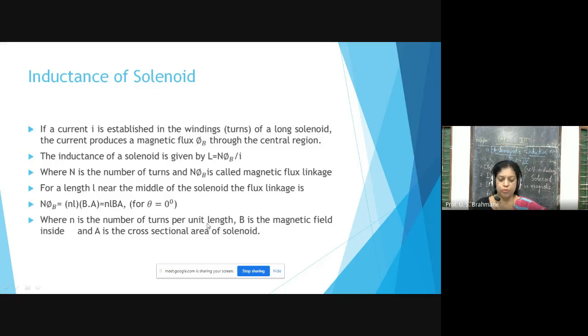Remember, this is a very important equation. Then L is equal to N phi b upon I.